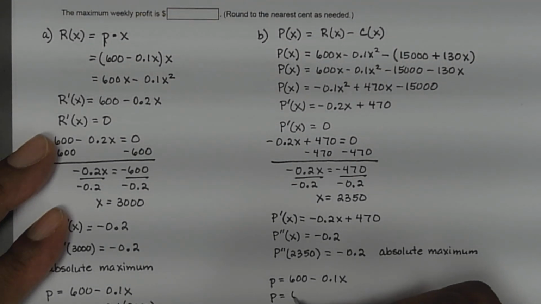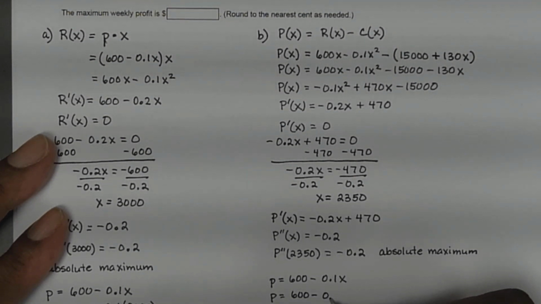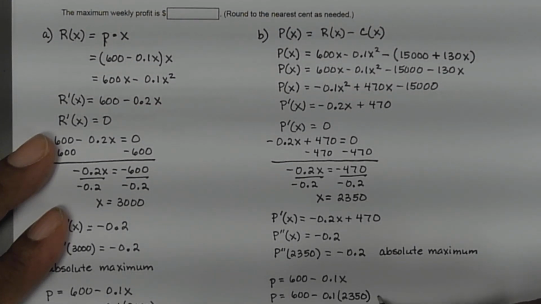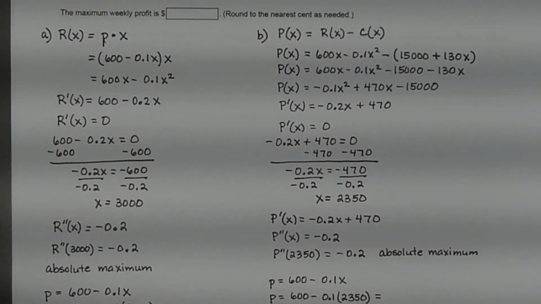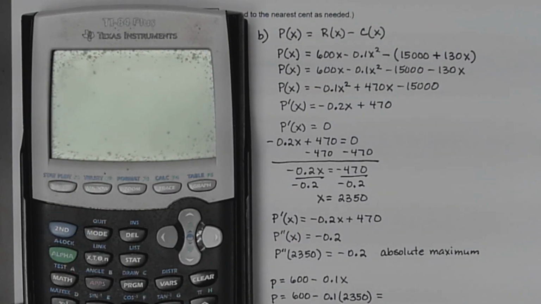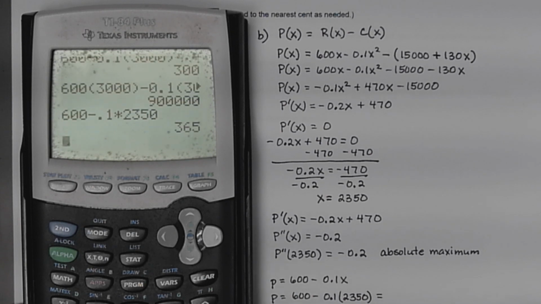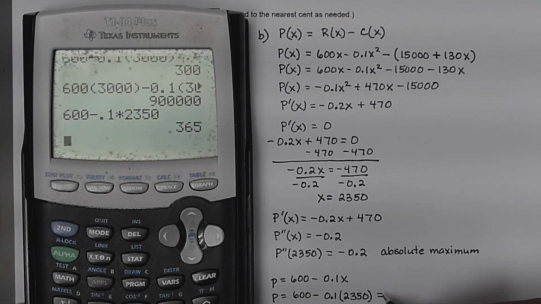So the price there will be 600 minus 0.1 times 2,350. Here I get 365.